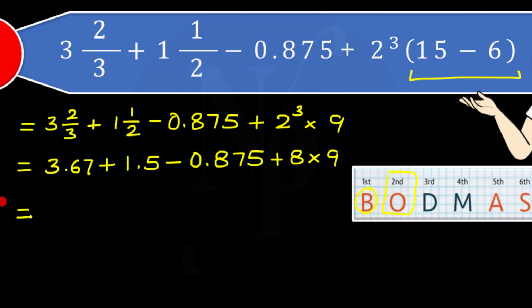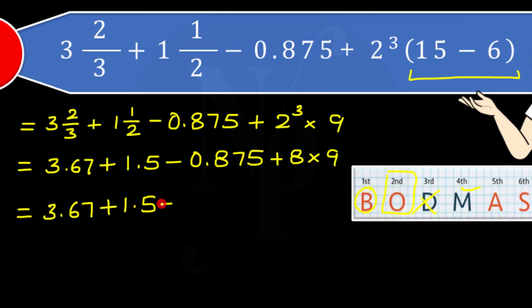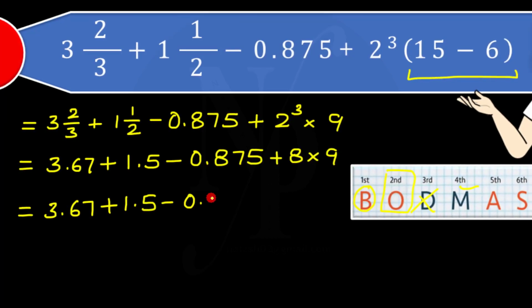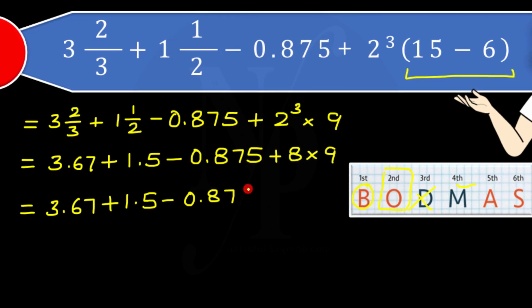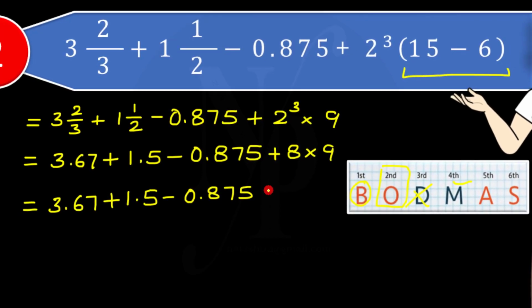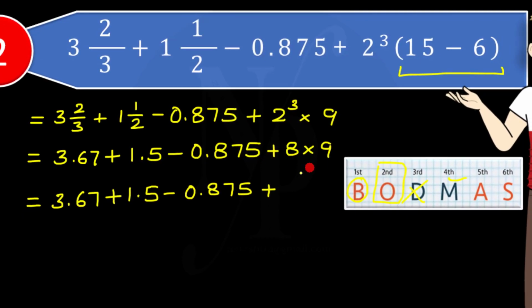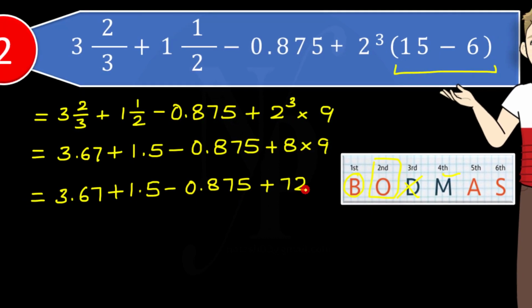In the next stage of simplification, we will perform multiplication since we do not have any division operator here. So we multiply 8 and 9. I write 3.67 plus 1.5 minus 0.875 plus 72, as 8 into 9 is 72.